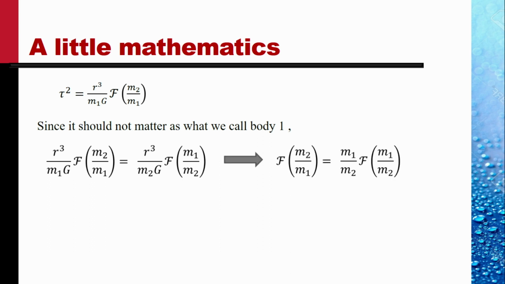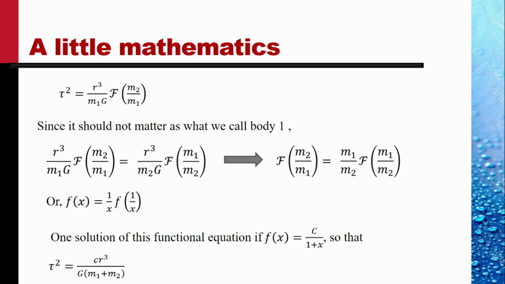And if we do this, we get the function of m2 by m1 should be equal to m1 by m2 into the function of m1 by m2. That is, f of x is like 1 over x times f of 1 over x. One solution of this functional equation is if f of x is like c divided by 1 plus x. C divided by 1 plus x satisfies this functional equation.